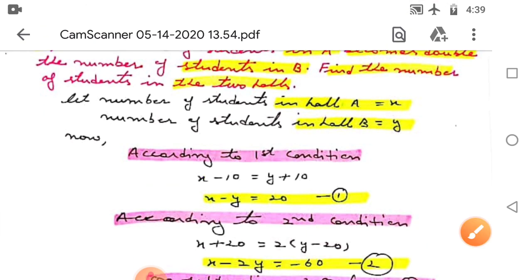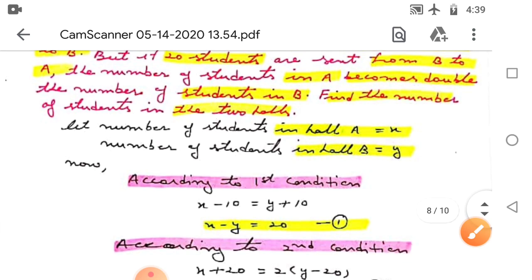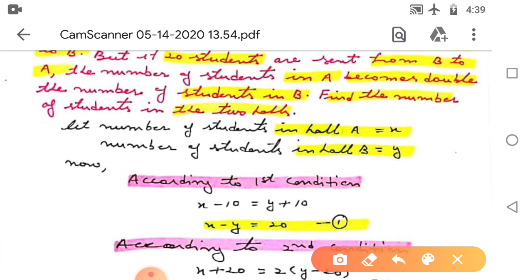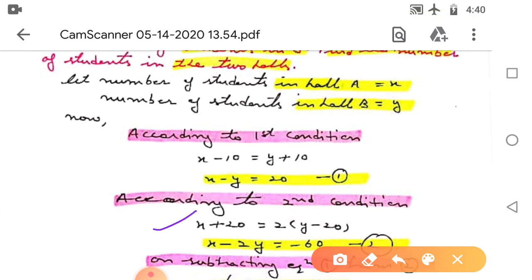But in the second condition, the number of students in A becomes double when we send 20 students from B to A. Now in A the number of students is x plus 20, and the number of students left in hall B is y minus 20.